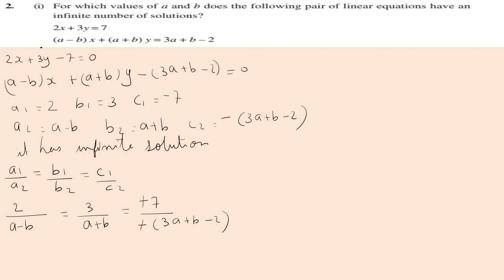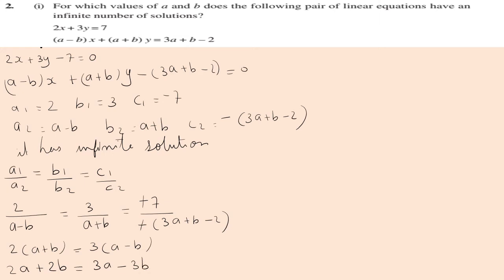Now you have to compare the first and the second member. So you are getting 2 multiplied by (a plus b) equal to 3 multiplied by (a minus b), that is 2a plus 2b equal to 3a minus 3b.